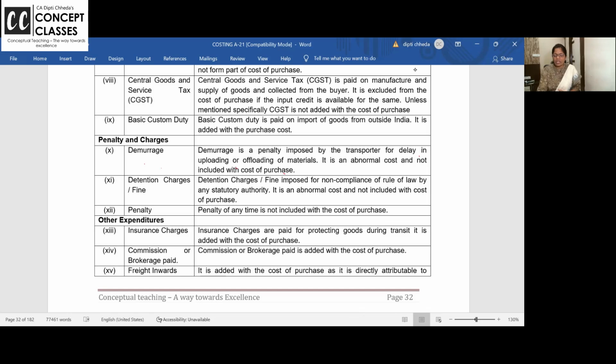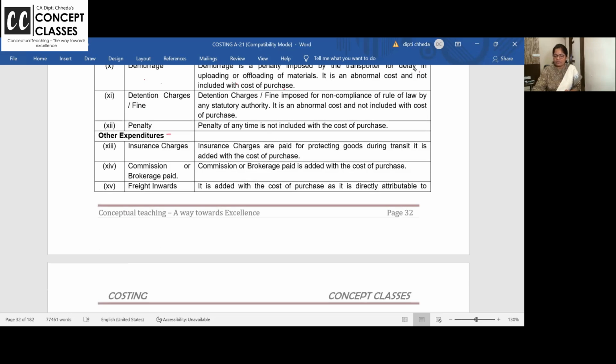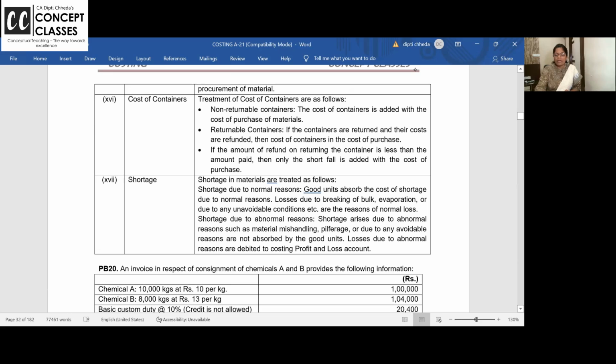So generally it is not charged off. Penalties and all, don't add them in the cost of purchase because you're not going to charge them always. Other expenditures, insurance charges, commission, add them. Containers, if they are non-returnable, add them. If they are returnable, don't add them.